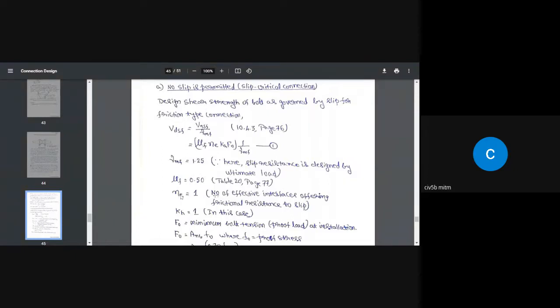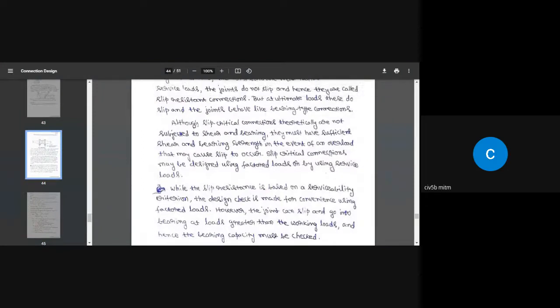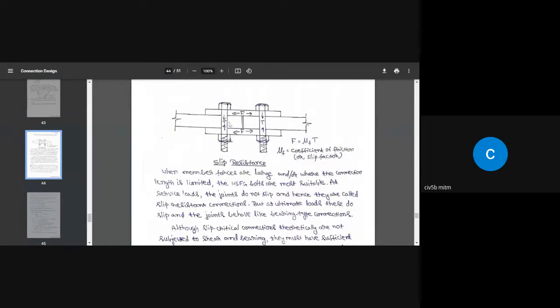Okay. Then Ne equal to 1. That is the number of effective interfaces offering frictional resistance to slip. So how is Ne equal to 1? If I go up, in this figure, these two are the main plates, and this is a butt joint, and these two are connected through two cover plates.